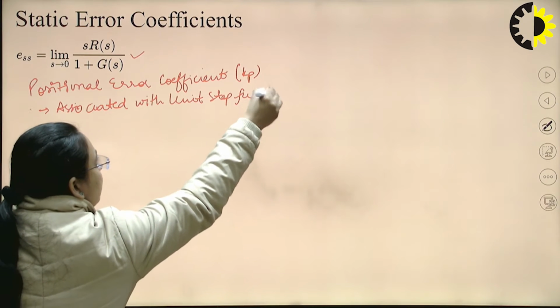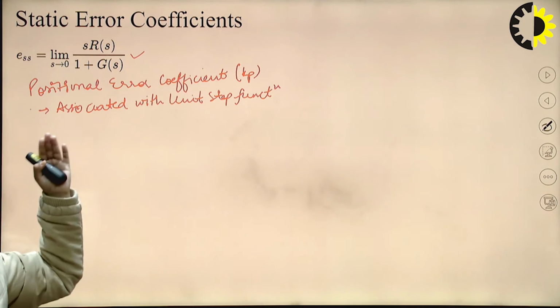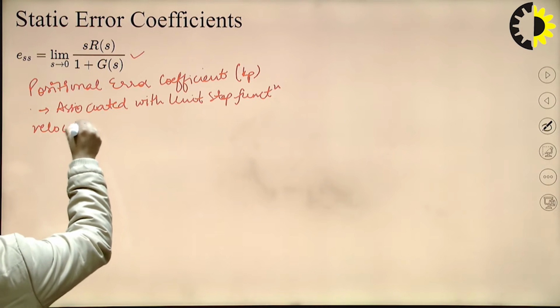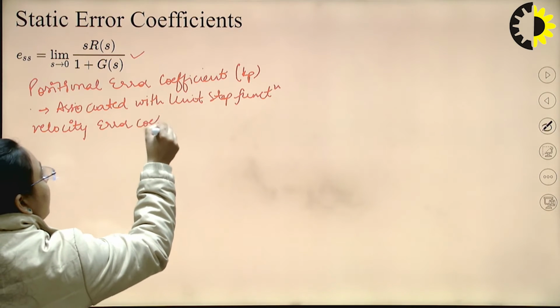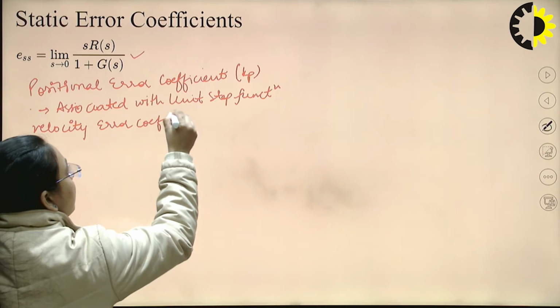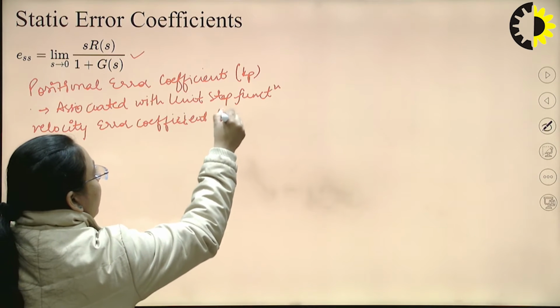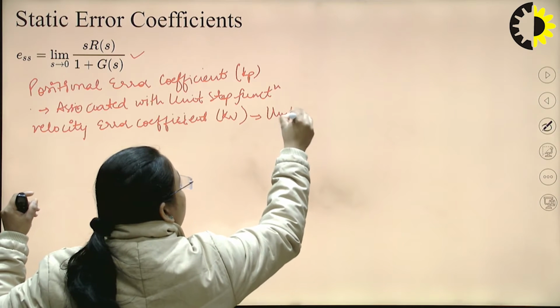Similarly, displacement error coefficient and positional error coefficient are the same thing. Velocity error coefficient is represented by Kv, and it is always associated with the unit ramp function.